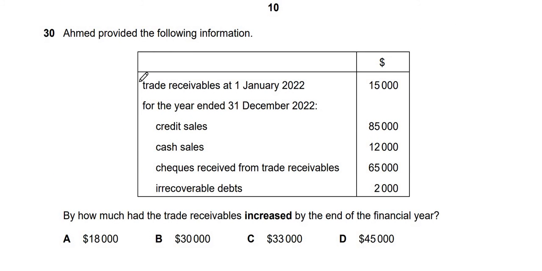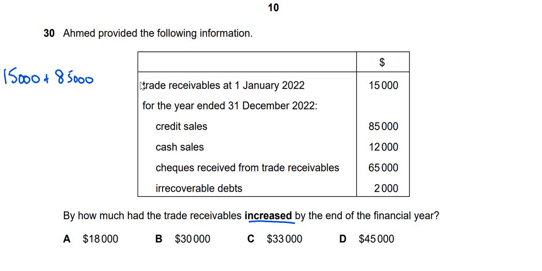Next question. Ahmed provided the following information: trade receivables, and for the year credit sales, cash sales, checks received from trade receivables, irrecoverable debts. By how much had the trade receivables increased by the end of the financial year? So look, we will actually do 15,000, plus 85,000.